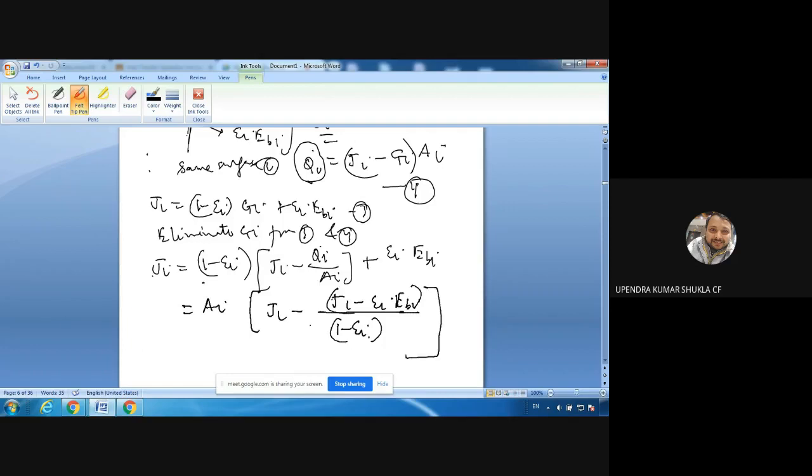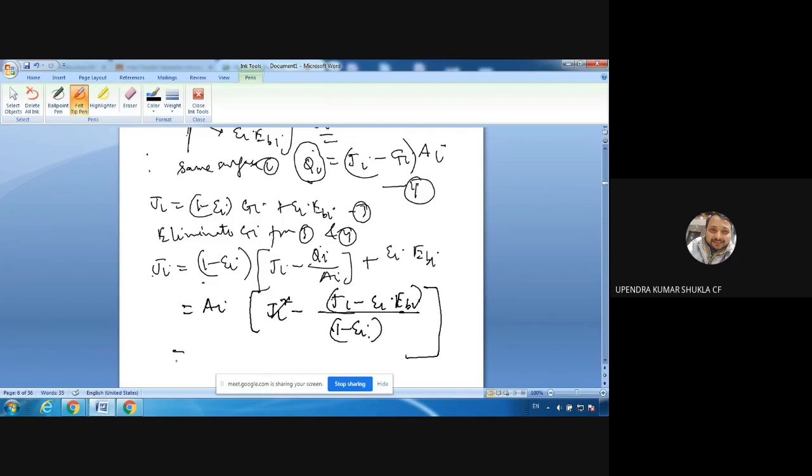Now this is what we get. If you multiply by 1 minus epsilon I, what will we get? Ji minus Ji epsilon I. You can do this exercise and get this. Now I will take this common. So this Ji and this Ji would cancel out.